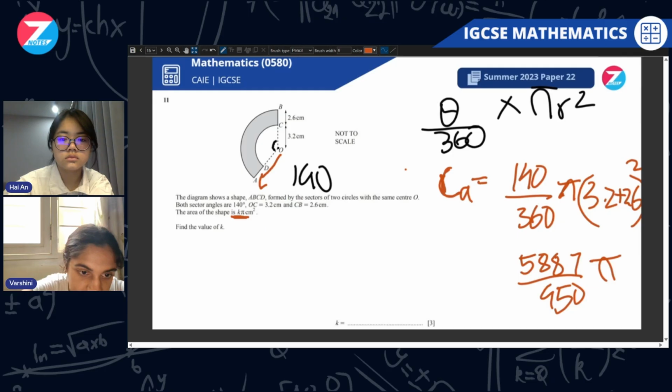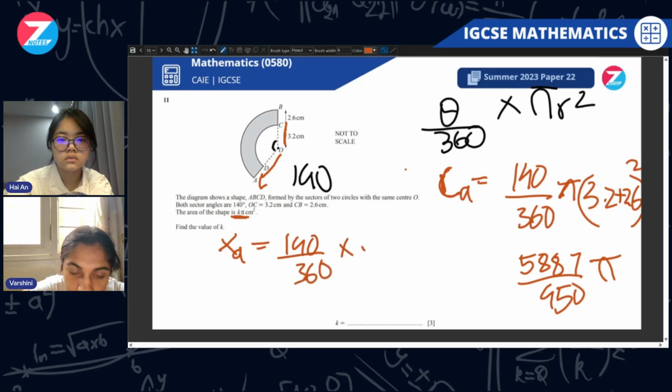So let's take that as x. Area is going to equal, and over here the radius is only 3.2. So we have 140 by 360 into pi into 3.2 squared.